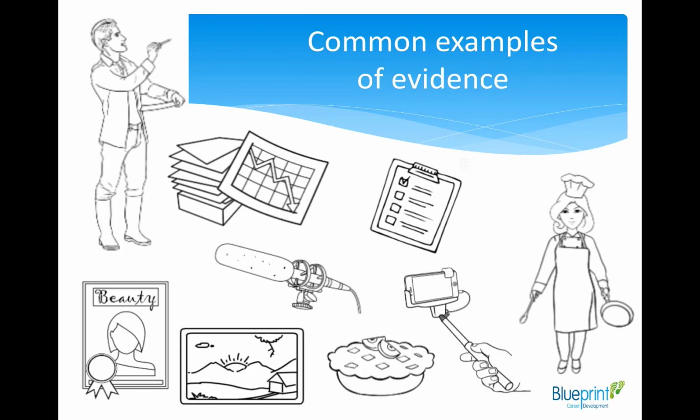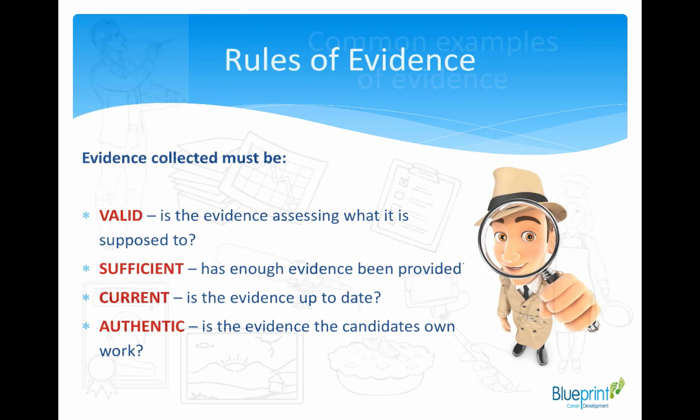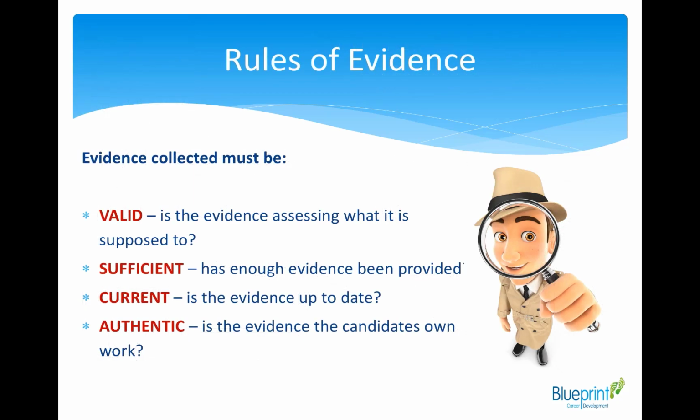So before an assessor determines whether a learner is competent or not yet competent, they must review all of the evidence submitted by the learner against the following 4 rules of evidence. The evidence needs to be valid. Is the evidence assessing what it's supposed to? So the unit of competence is a great reference point for that.